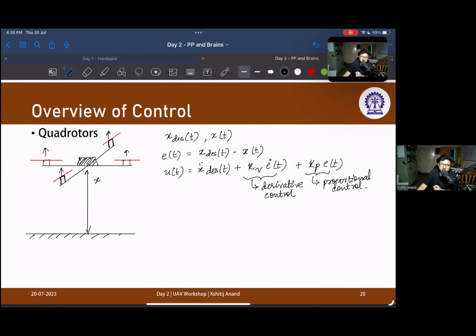The input that you are giving is governed by how much error you have right now and how swiftly it is changing. For example, let's say you are off by 1 meter, but you have very strong motors, and you give it an input which is only based on the error.